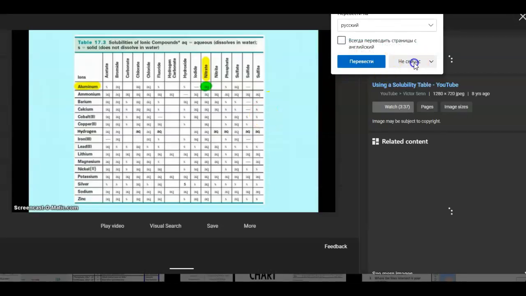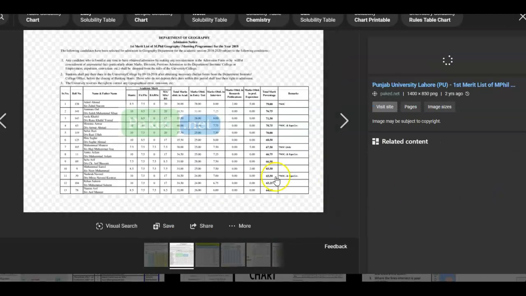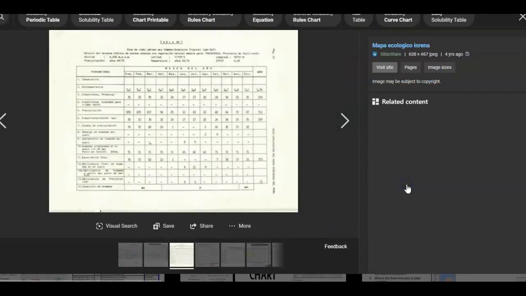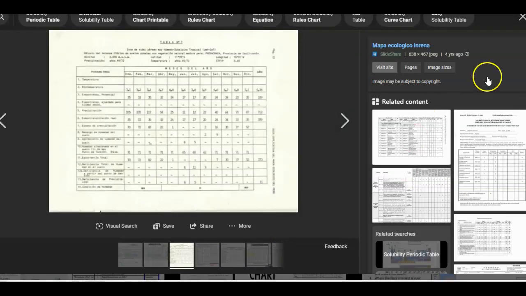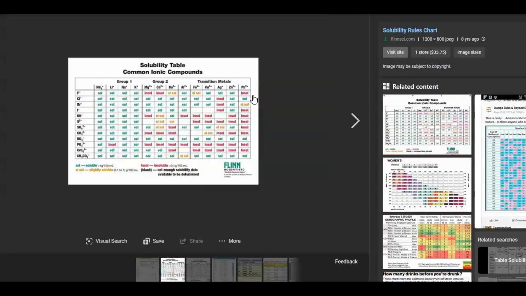Maybe this kind of solubility table you have, I think, yeah.